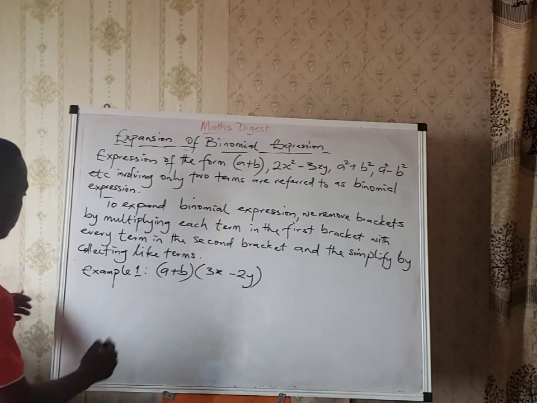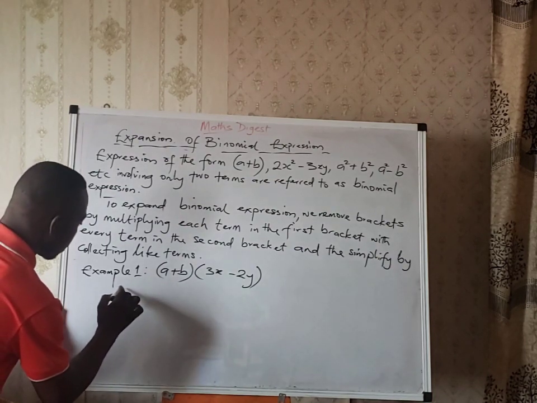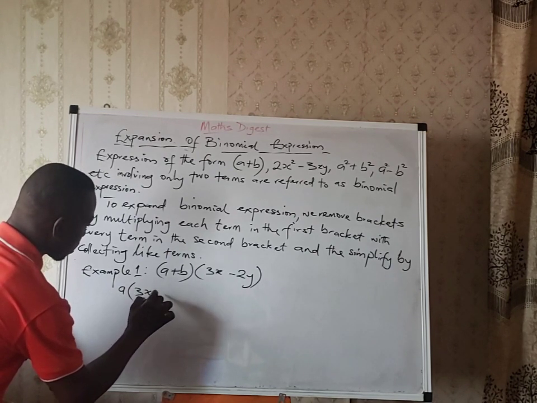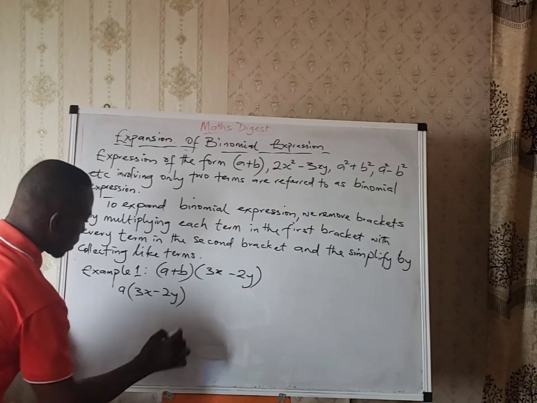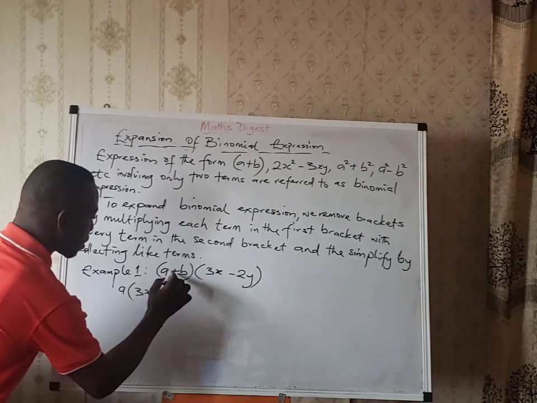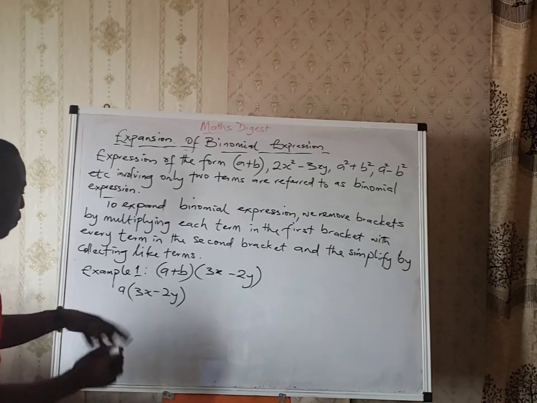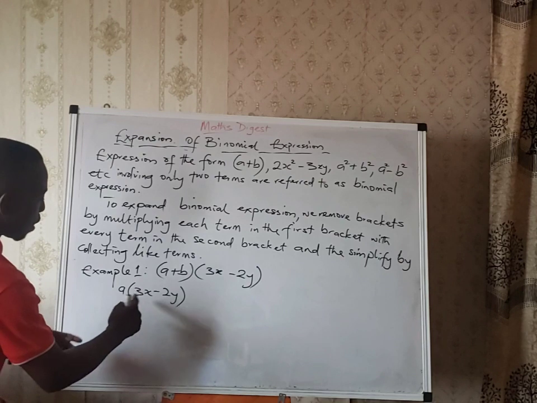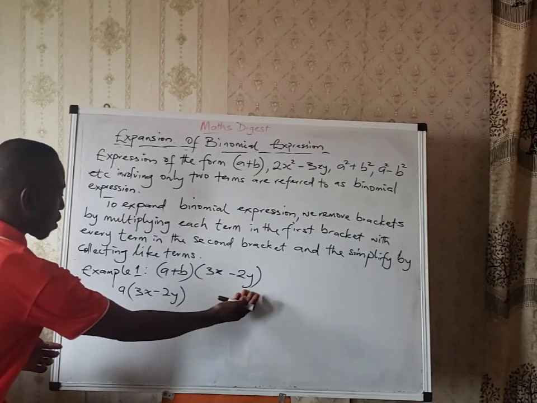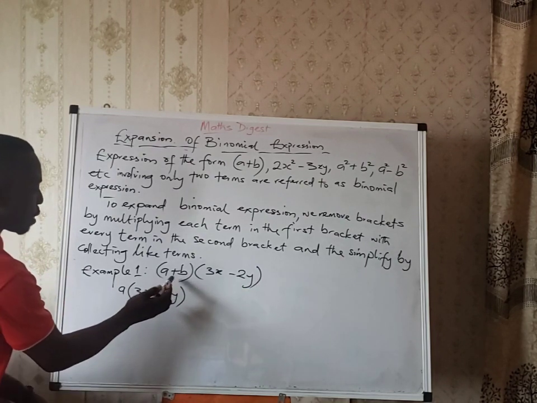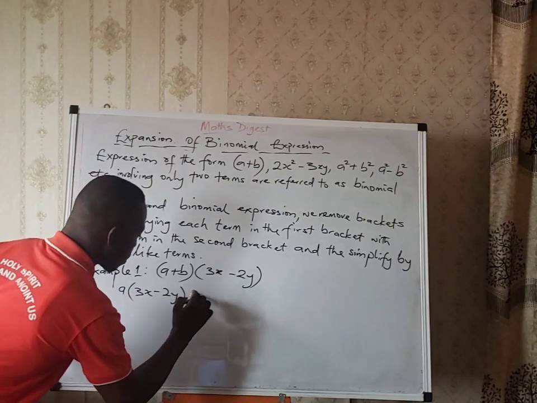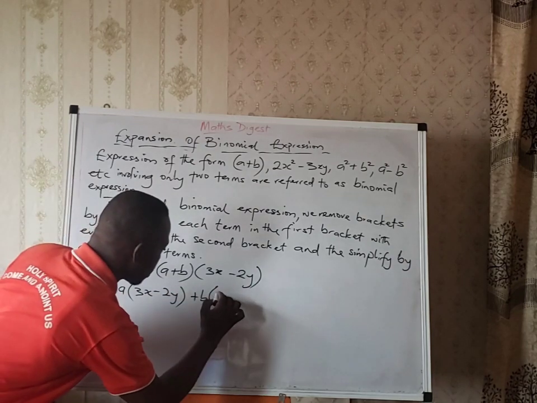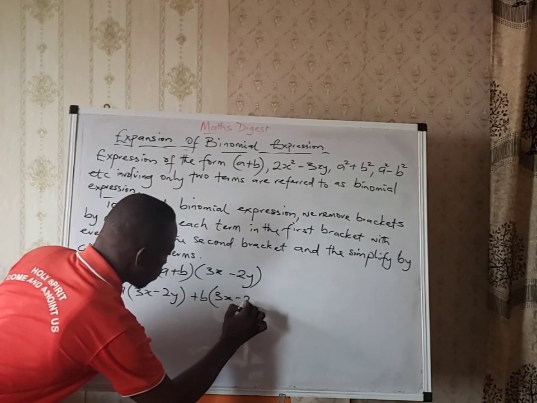So this will give us a, put in brackets 3x minus 2y. Remember I'm using the one in the first bracket to multiply this. So this is the a. Now I represent the second bracket here. We'll continue by saying plus b, and I will also write out what I have in the second bracket, which is 3x minus 2y.